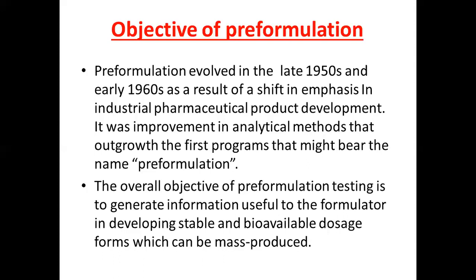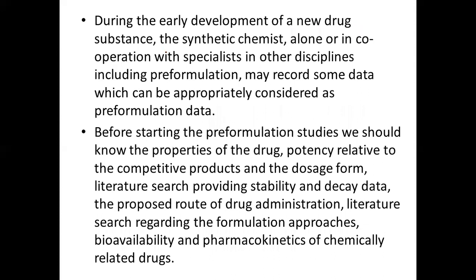Therefore the objective of the pre-formulation testing is that the drug must be in a certain formula, it should be stable, it shouldn't break down before reaching its target, and its capacity to bind with the target should be high in a very optimum concentration.